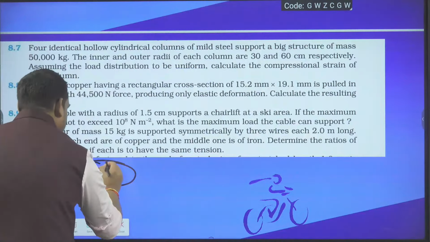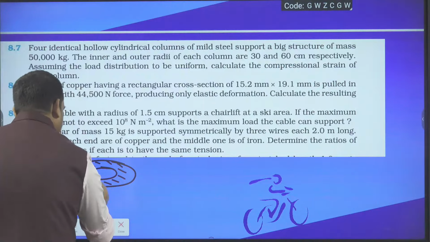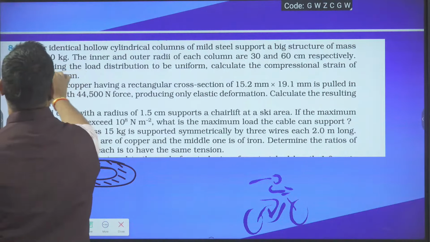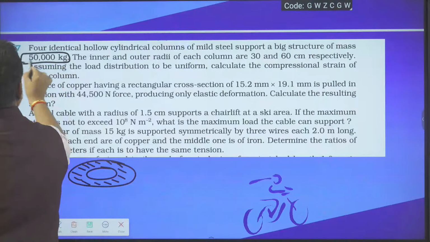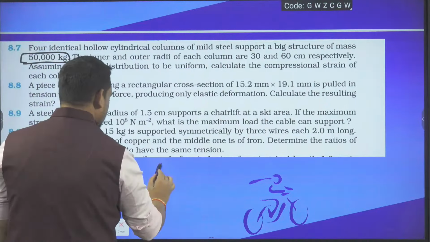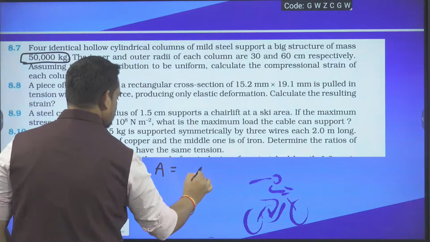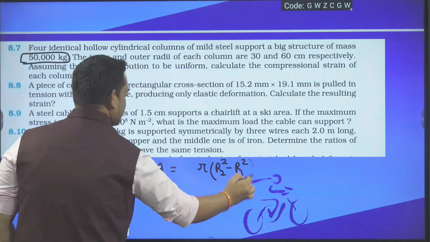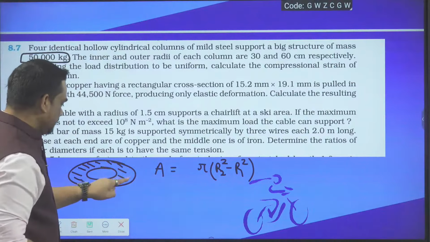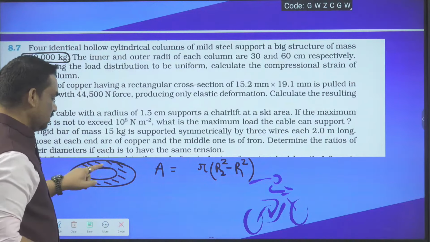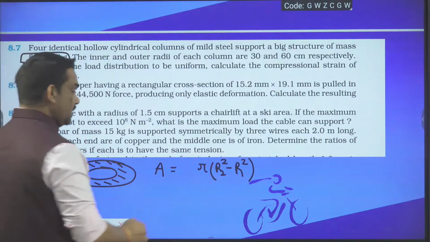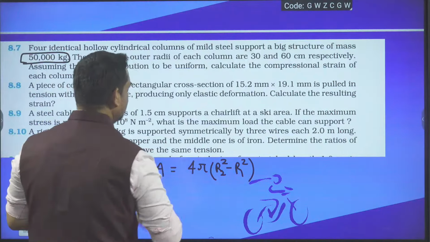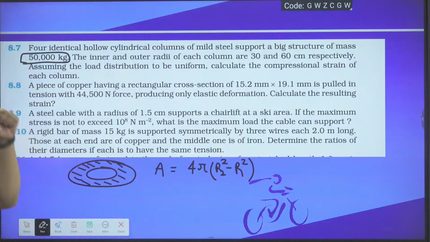The solid part is only here, and this is going to support the load. The total load is given, and 4 pillars are there. So for each the area is pi R2 square minus R1 square, outer minus inner, because solid part is present only in this, not in the hollow part. But there are 4 pillars, so the total is 4 pi (R2 square minus R1 square).